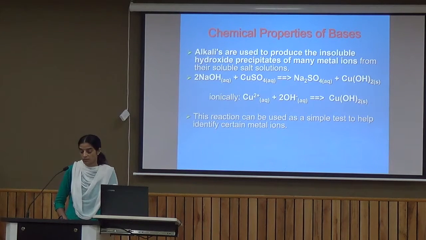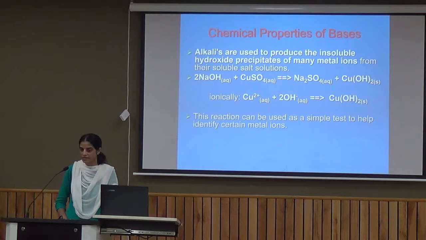Now, further chemical properties of bases. Alkalis are used to produce insoluble hydroxides, and since these hydroxides are insoluble, we call them precipitates. In the reaction shown here, sodium hydroxide reacts with copper sulfate to form sodium sulfate and copper hydroxide.